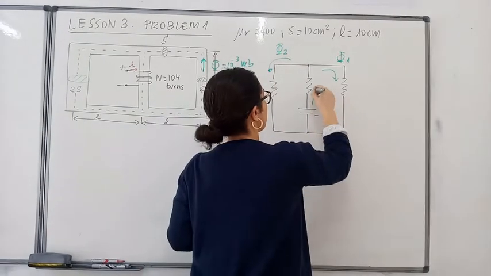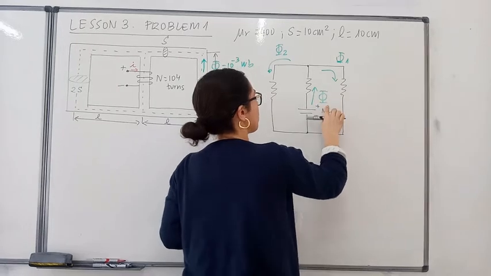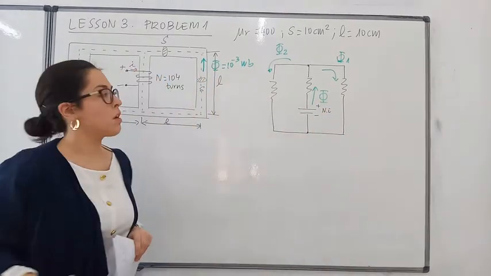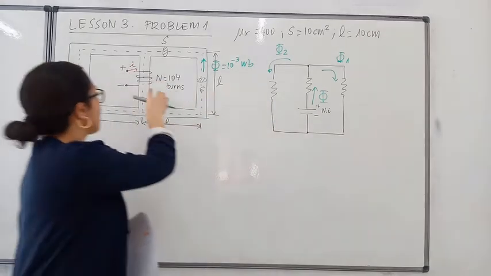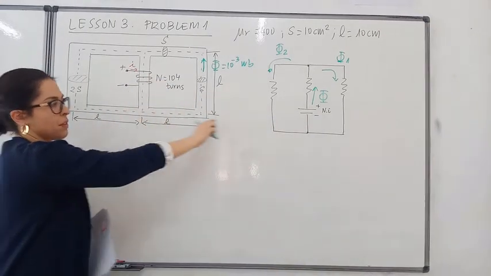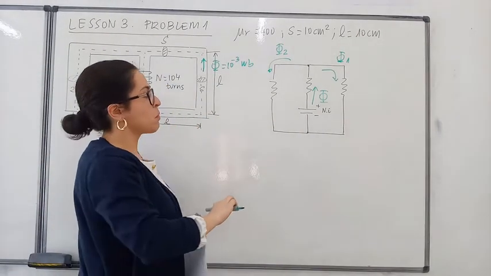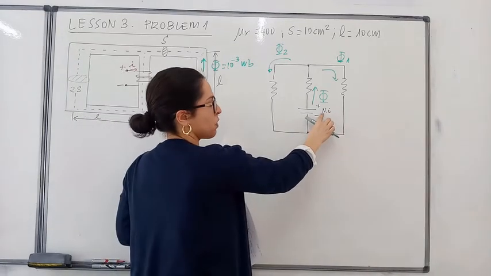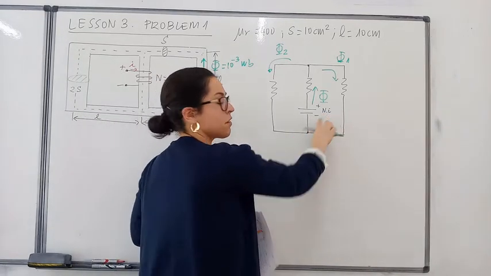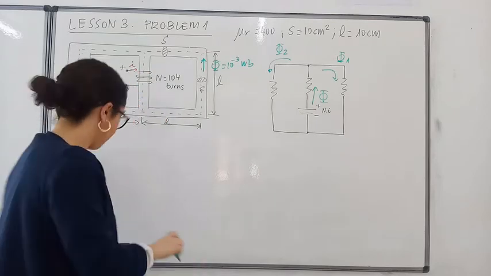While here we have the magnetic flux in the central branch, where we have the current entering into the system, which produces an electromotive force, which is the product of the number of turns multiplied by the current.